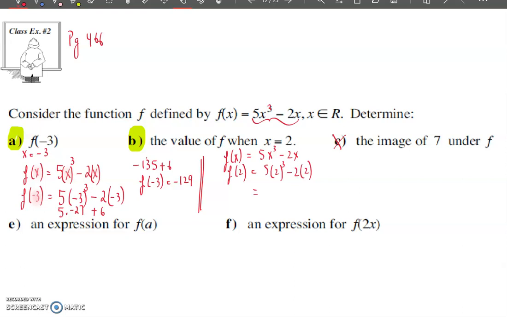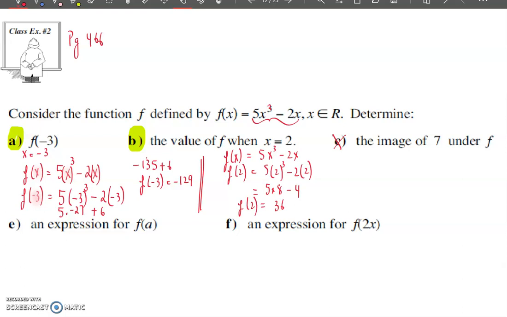We do exactly what we did in the first step. This will be 5 times 8 minus 4, which gives you 40 minus 4, and the answer is 36. So that's the same answer, basically done the same way.